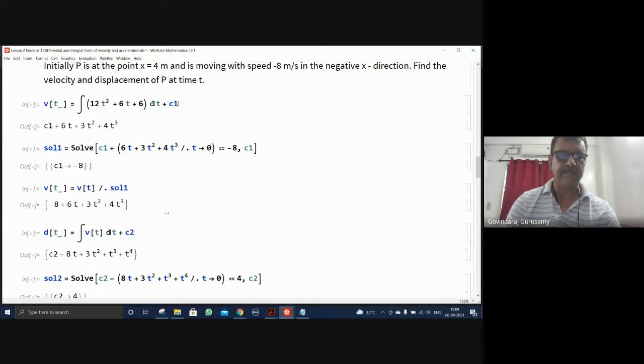You can see here, after integration I have c1 plus 6t plus 3t square plus 4t cube. From this acceleration I am getting a velocity, which is being integrated with respect to time, because time is the variable here, along with the integration constant c1.